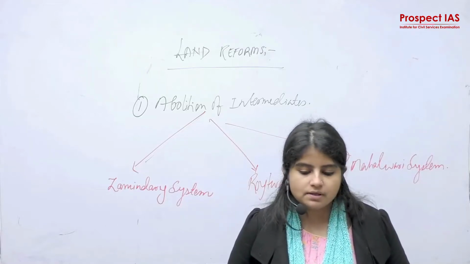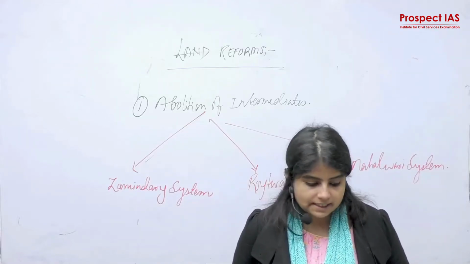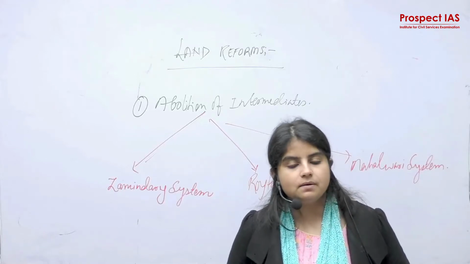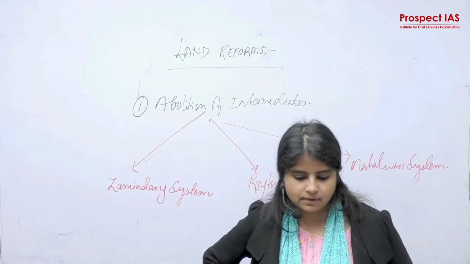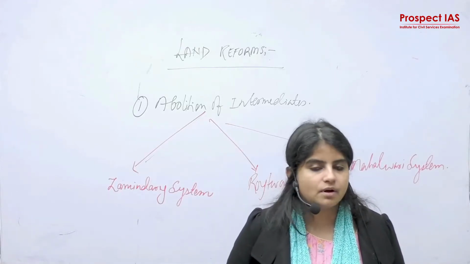This system was reflecting the kind of zamindari in concept of Raiyat and called as pockets of zamindari system.